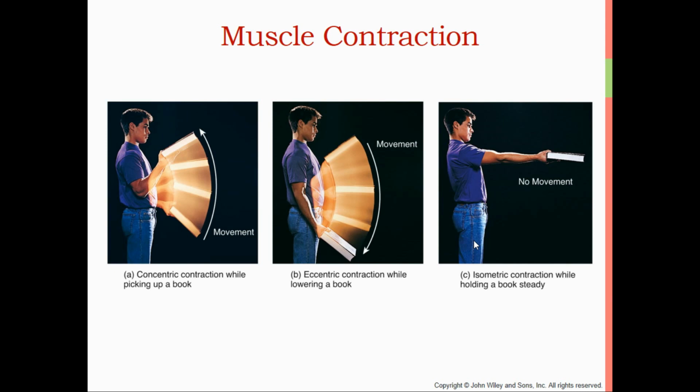Instead of pushing the weight away, you're now allowing the weight to slowly come to your body. And that requires a lot of muscle to do that. So that is an example of an eccentric isotonic. And just holding that book right there in one spot is isometric. And if you have ever done that, you'll know that eventually your muscles will fatigue and that book will start to drop.